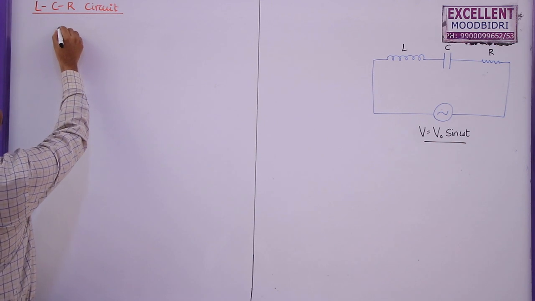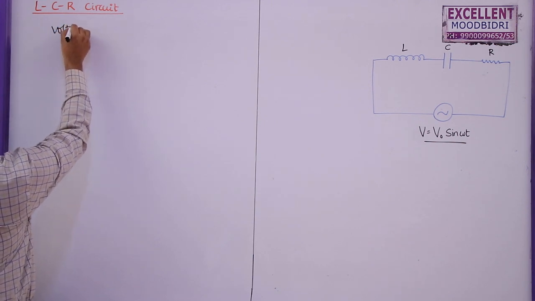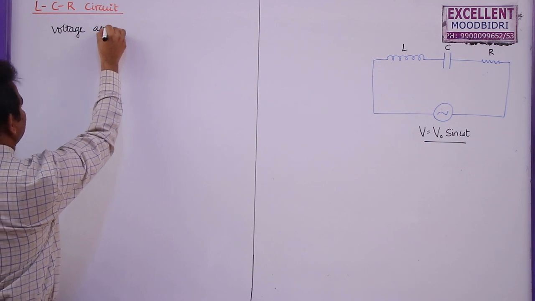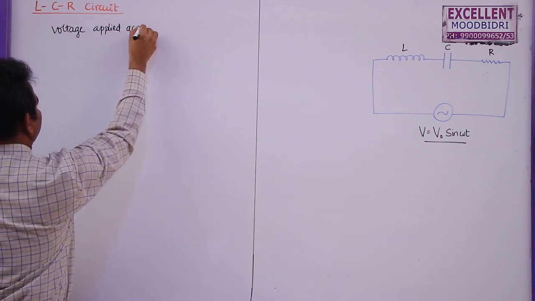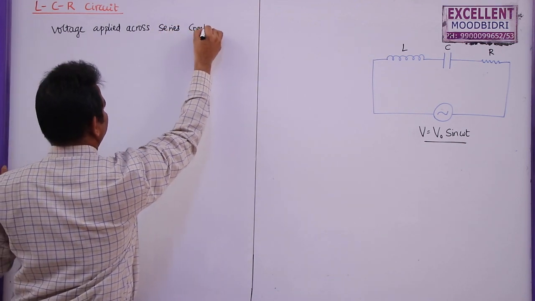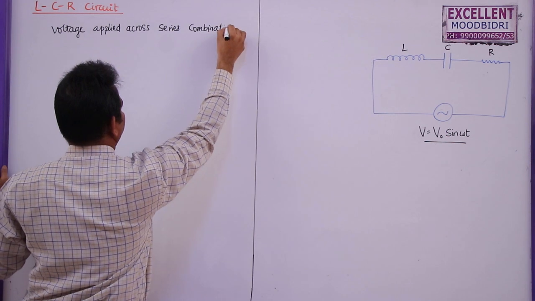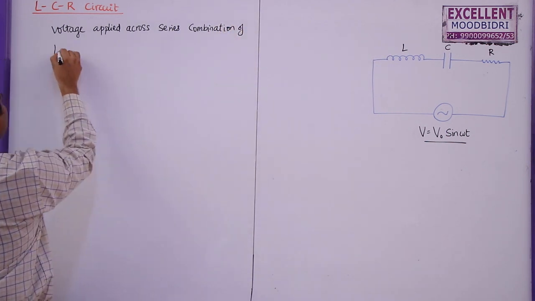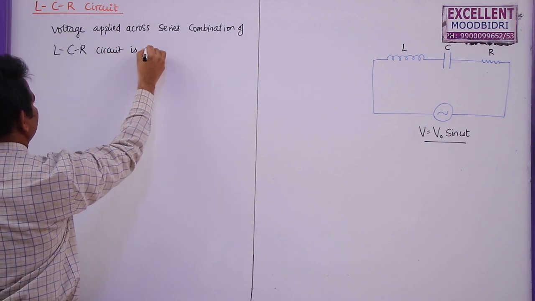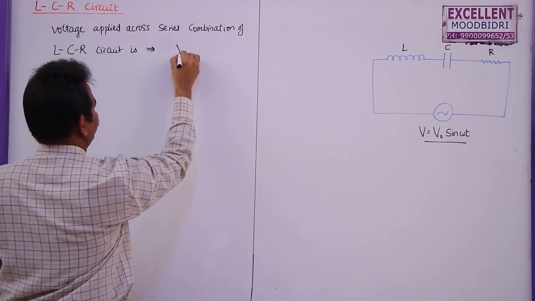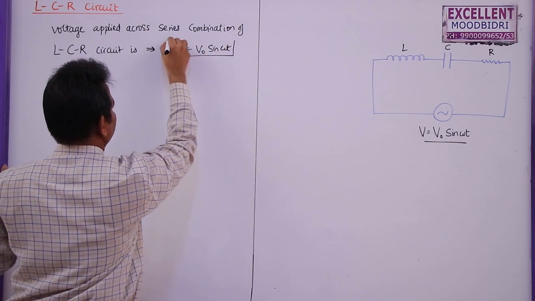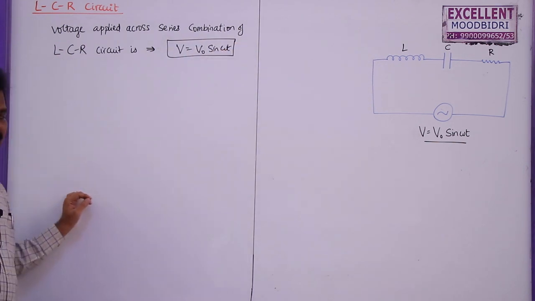First of all, the voltage applied across this series combination of the LCR circuit is V is equal to V naught sin omega t, which varies sinusoidally with time.